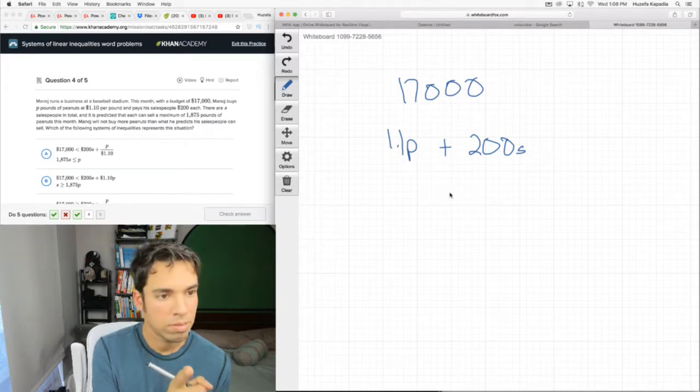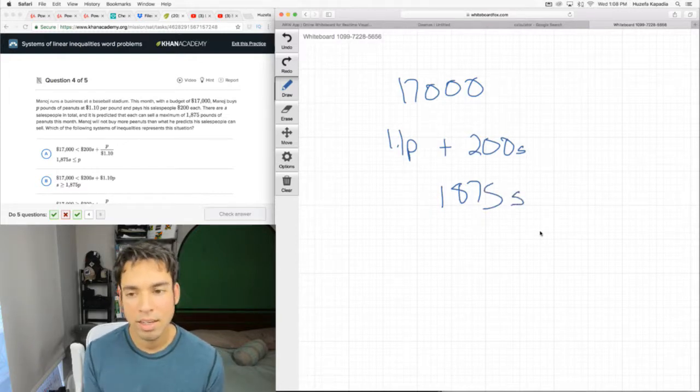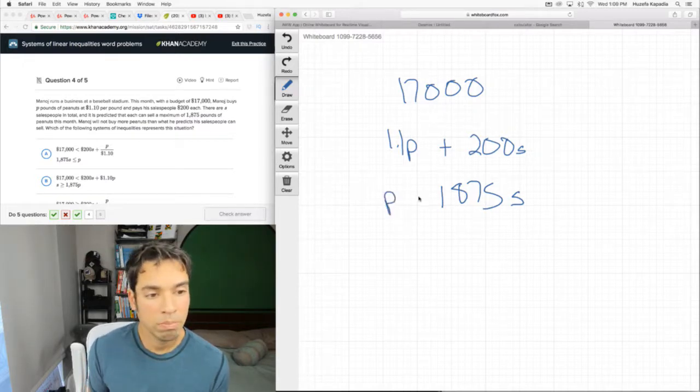He buys P pounds, right? Each one can sell 1875, so 1875 times S. That's the amount at the most that they can sell. So the pounds that he should buy should be less than or equal to this, because this is at the very cap. He should sell no more than this.